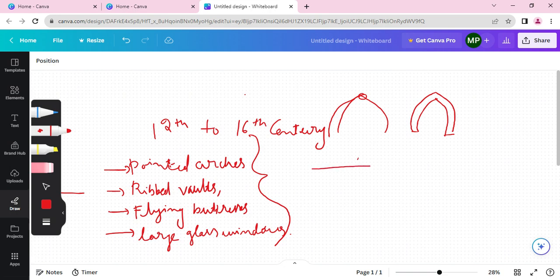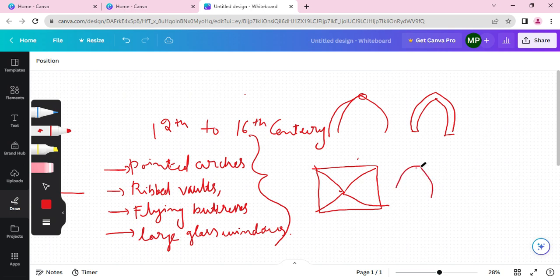Inside it will be like a square. What happens is that all four side arches merge, this is in plan if you see from bottom to top.